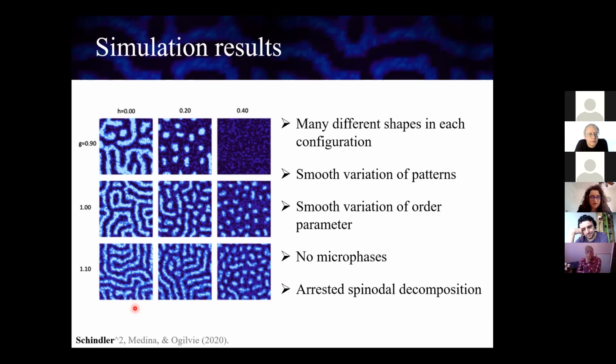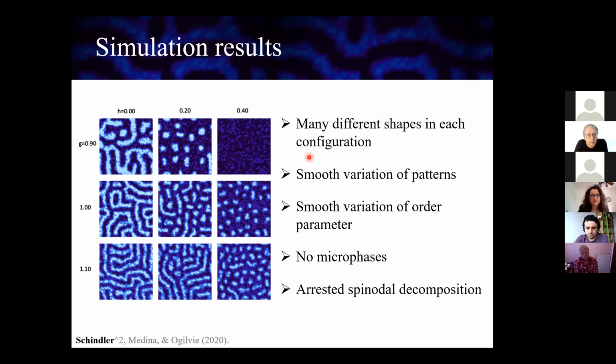When we go down, the characteristic width of these patterns decreases, so they get thinner, and eventually you end up with this blobbiness and then go out of the patterns region. So breaking apart of the patterns going this way, and thinning out of the patterns going that way. I don't see microphases in this.